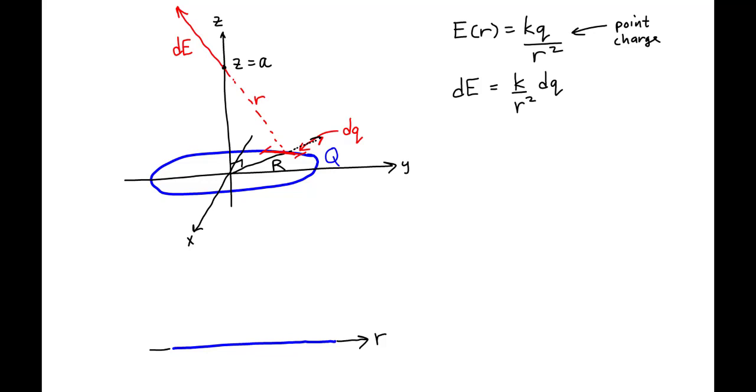Since a ring has circular or polar symmetry, I'm going to choose to use polar coordinates to help me solve this problem. So one thing you should always be aware of, try to choose a coordinate system that matches the geometry of your charge configuration.